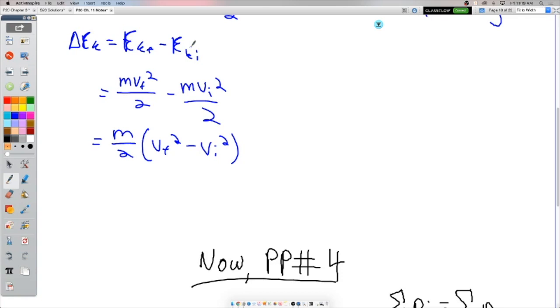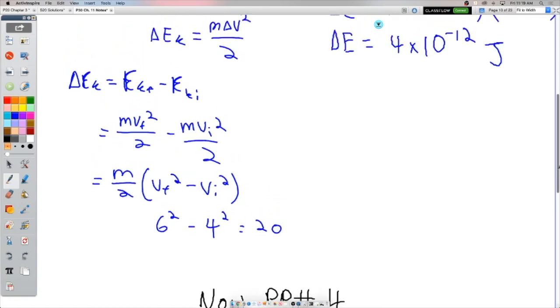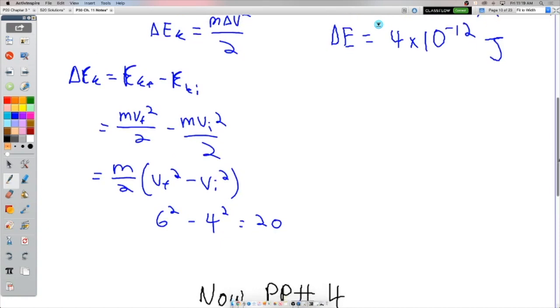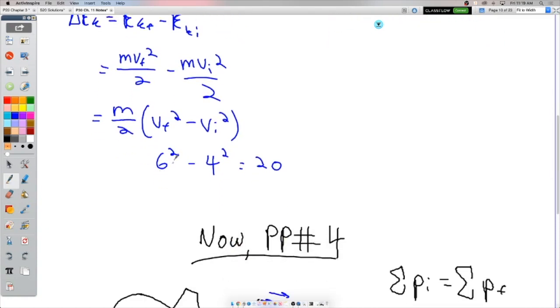That's the only time I can really say what I said up there. So, just as an example, what if VF was 6 and VI was 4? Then I have 6 squared minus 4 squared, which gives me 36 minus 16. Well, that's 20. So if what I had said up here were always true without making my assumption that EKI was 0, then this should be true for anything where my VF and VI are separated by 2.